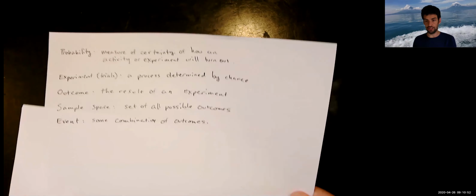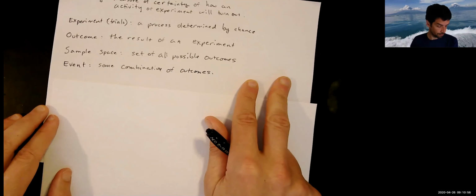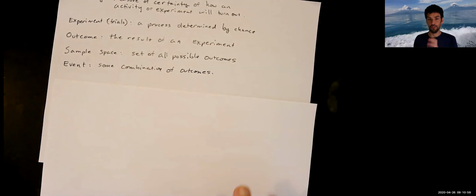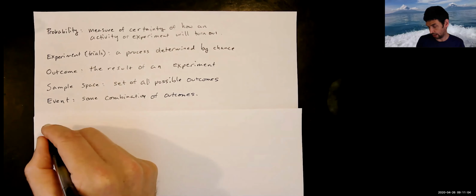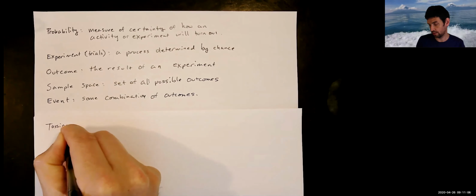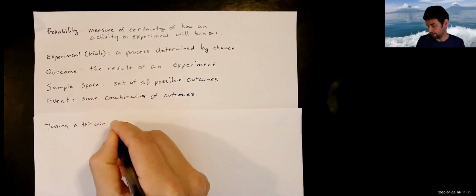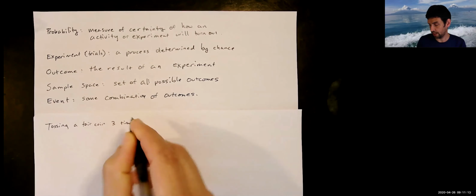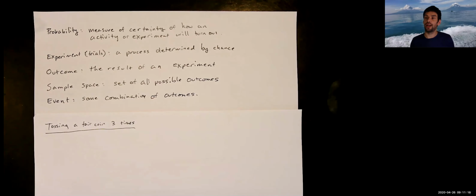So let's use examples to make these definitions clearer. So I'm going to start. Let's use the example of where our experiment is tossing a fair coin 3 times. Okay, and what I mean by fair there is each side has the same likelihood of coming up. So when you toss a coin, right, this is an experiment.